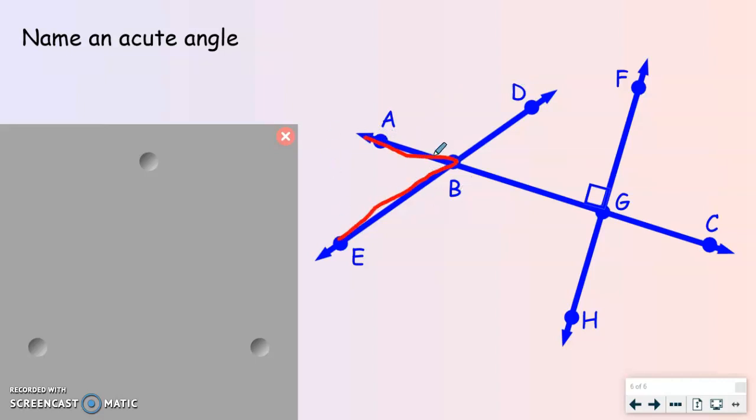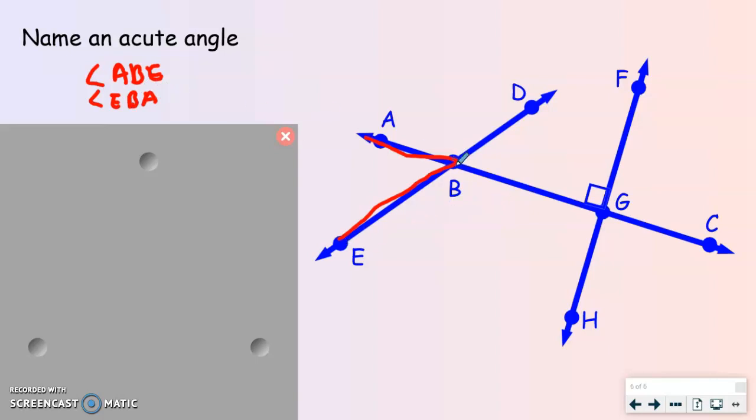All right, so we can call this angle a few things. We could say angle ABE. We could even go the other way. We could say angle EBA, or we could just name it by its vertex.